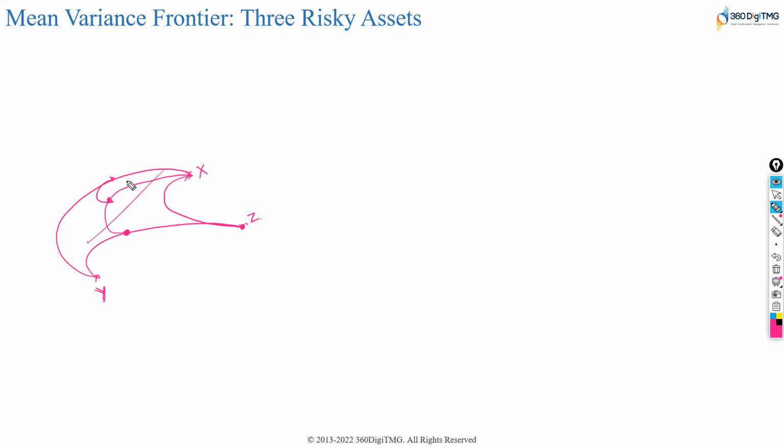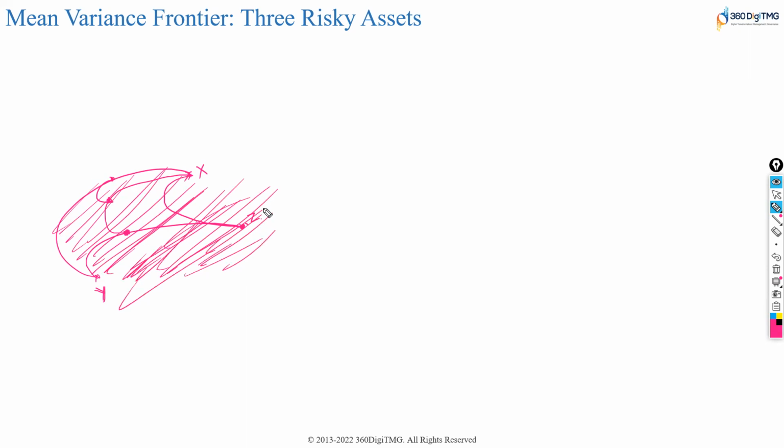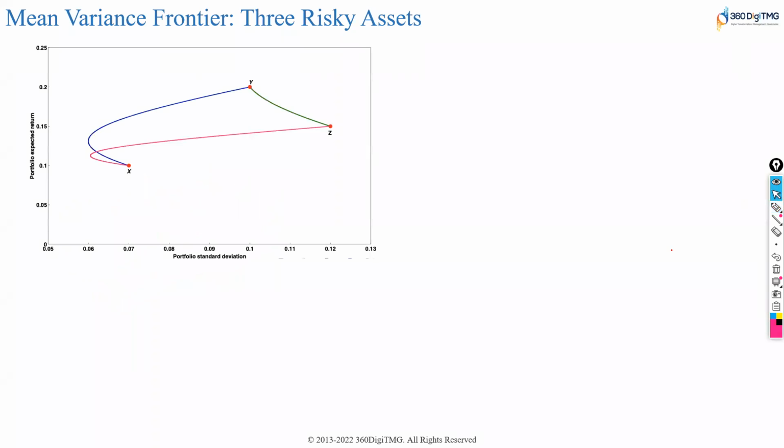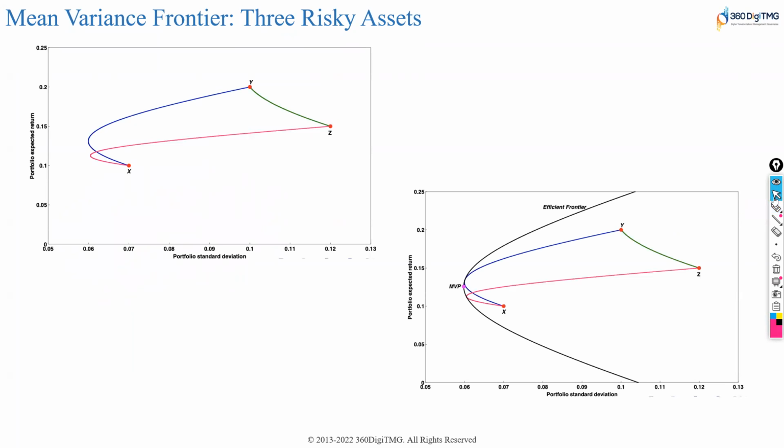In that way, all these will contain different portfolios. Out of all these different portfolios, the question is, which portfolio is the best? Can someone help me understand, out of all these various portfolios, which portfolio is the best?